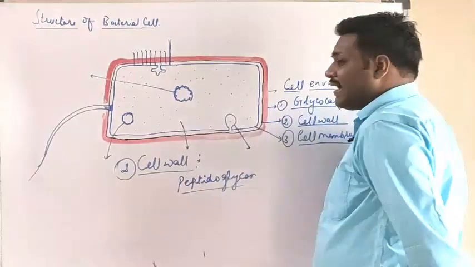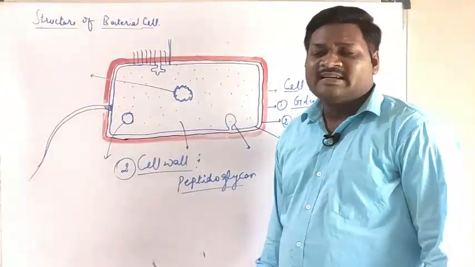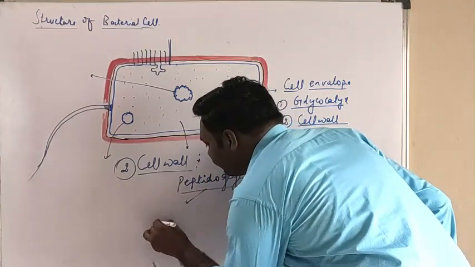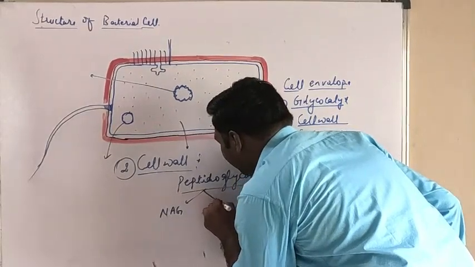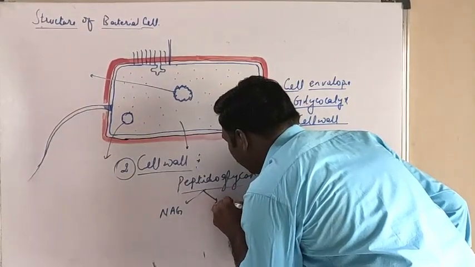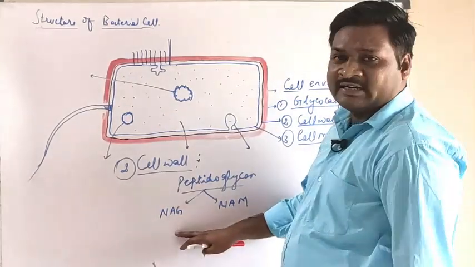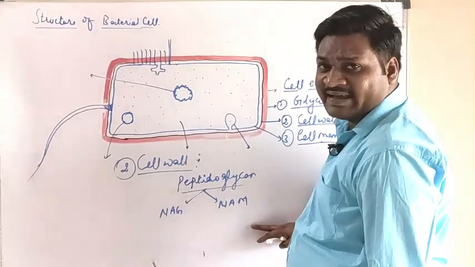Now this peptidoglycan is also composed of polysaccharides, and which are those? These are NAG and NAM. What is NAG and NAM? N-acetyl glucosamine and N-acetyl muramic acid.